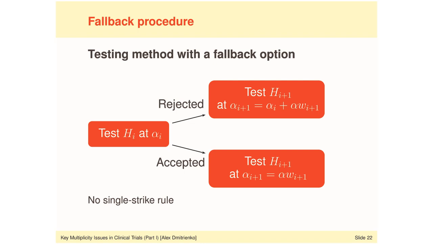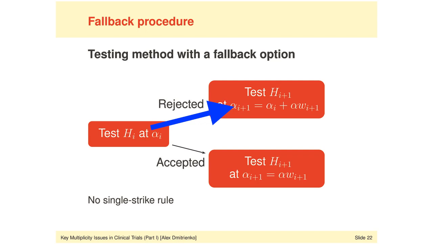And this hypothesis will be tested at a certain predefined significance level denoted by alpha i. If the fallback procedure rejects this null hypothesis, which happens if the p-value is less than or equal to alpha i, then this significance level alpha i is going to be carried forward to the next hypothesis in the sequence as shown right now in this diagram.